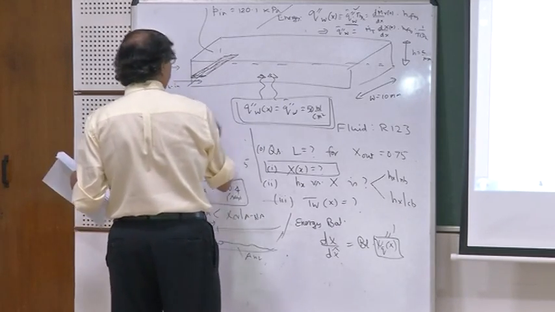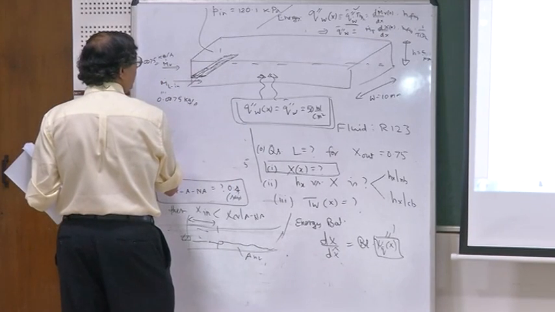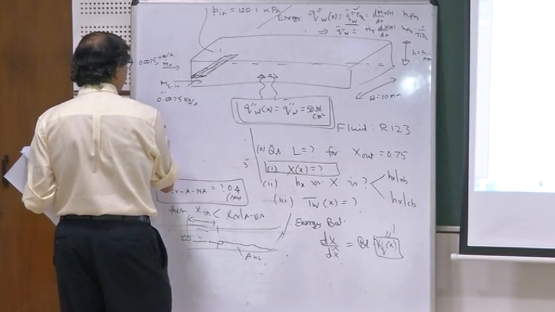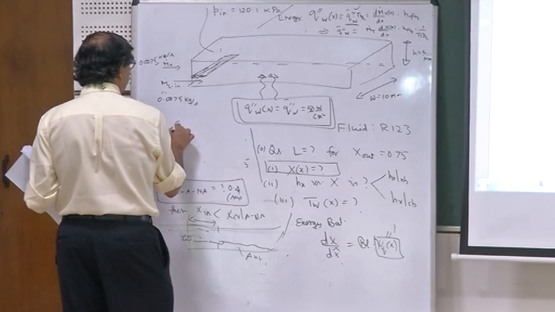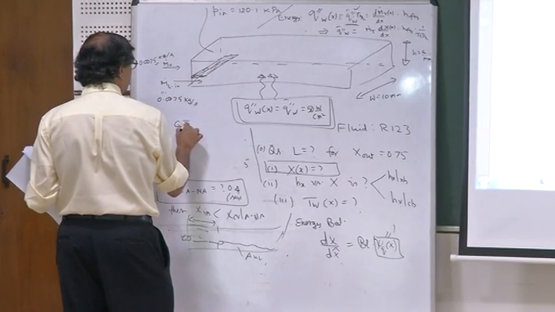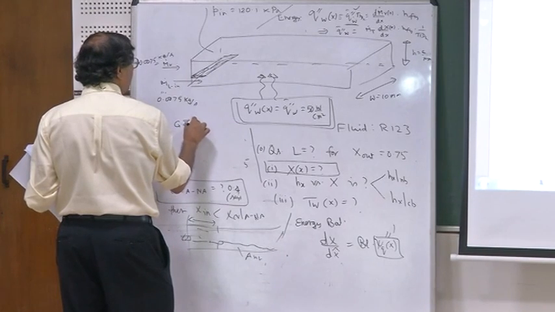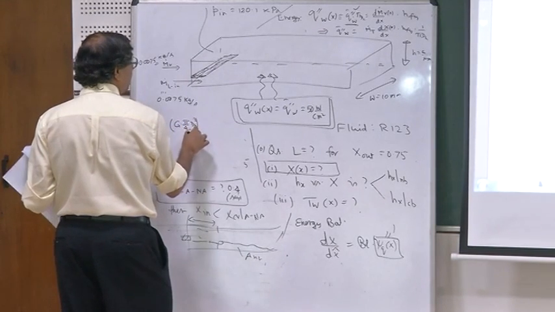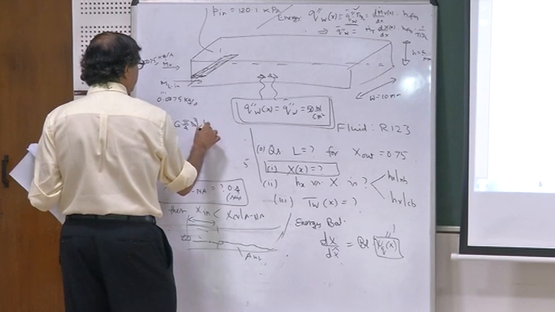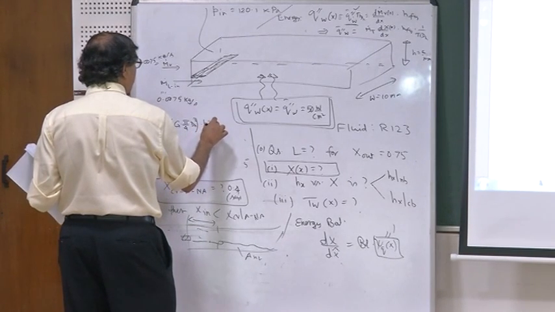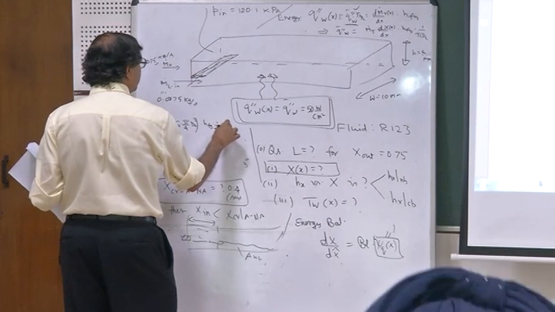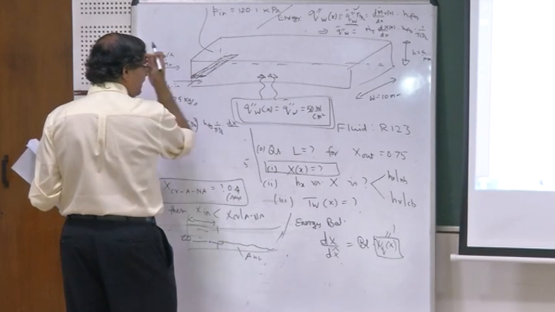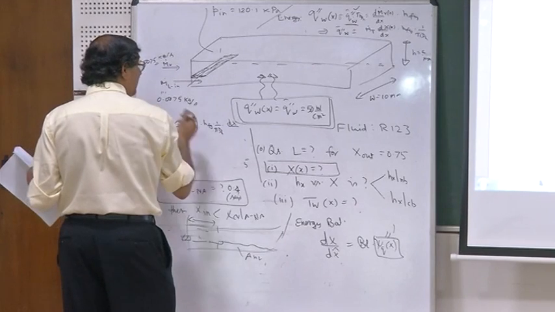And you have Q double prime wall bar equal to G times pi by 4 dH squared, which is m dot total, times HFG into 1 over pi dH into dx, and for x equal to x caret dH.